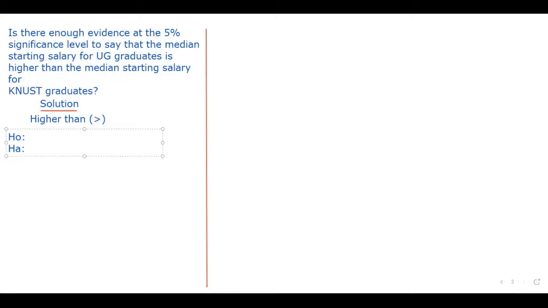So H1: the median starting salary for Legon will be M1, which is greater than the median starting salary for KNUST graduates, which will be M2.